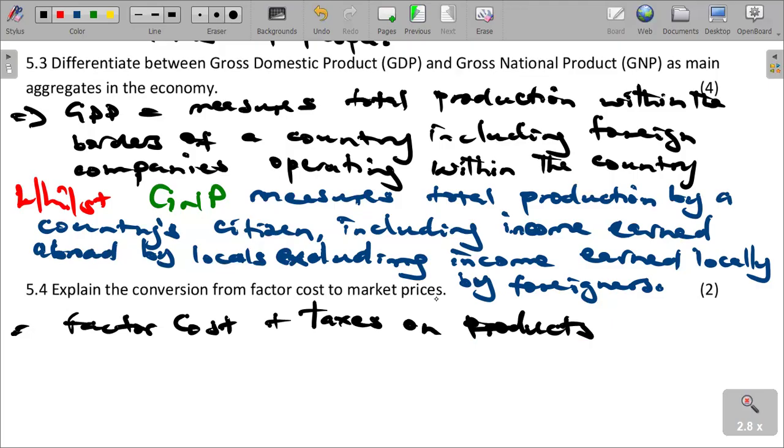So what happens is that we add taxes because they increase prices.